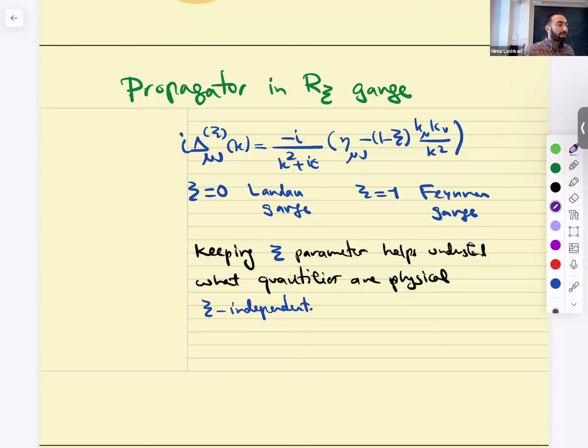So the propagator in the R-xi gauge had this 1 minus xi in there. When this xi is 0, it is Landau gauge. When it's 1, it is Feynman gauge, and there's no physics associated with this term. Why? Because the photon does not have a degree of freedom in the direction of its propagation.